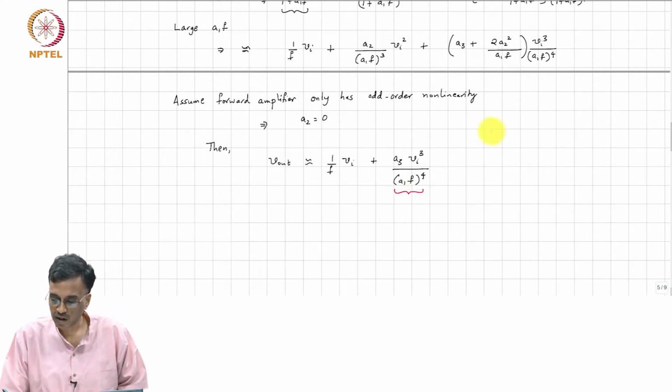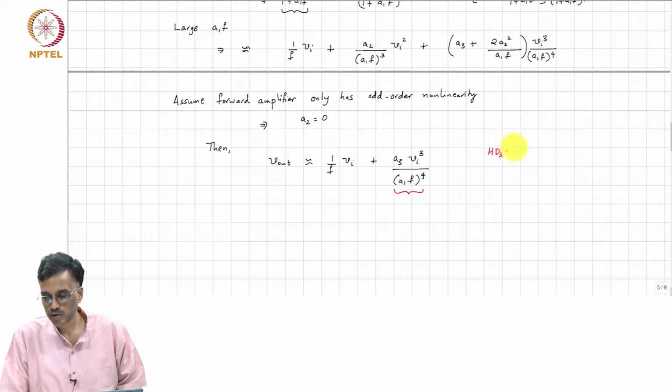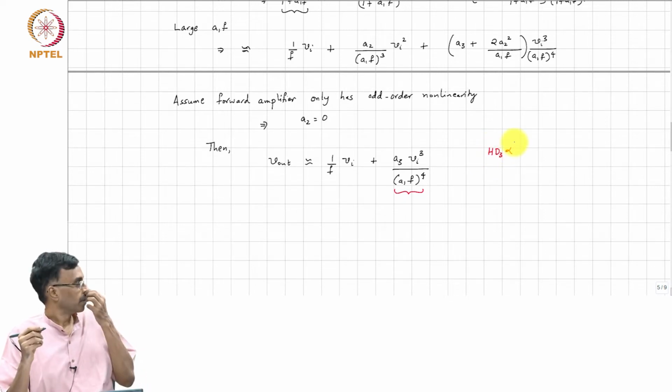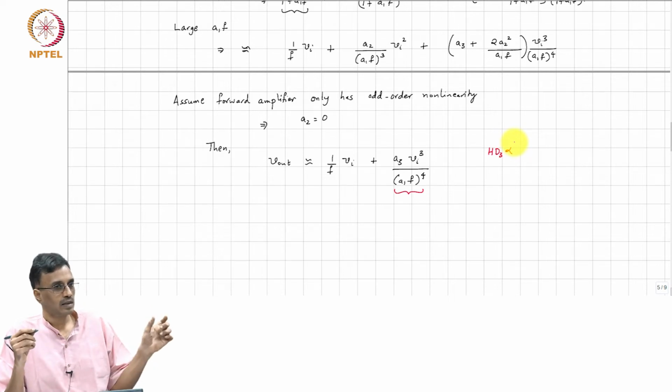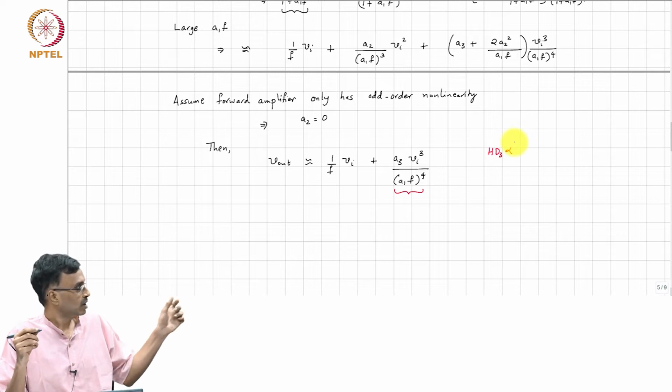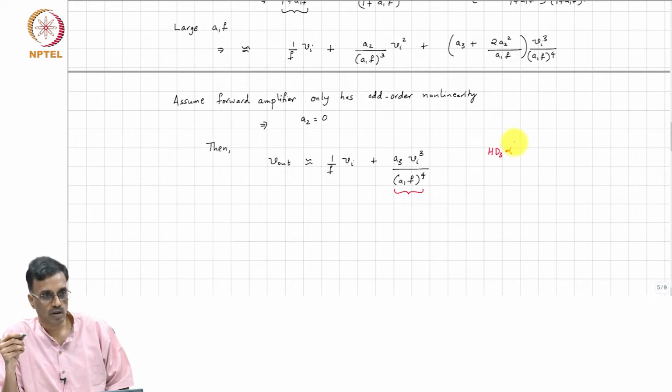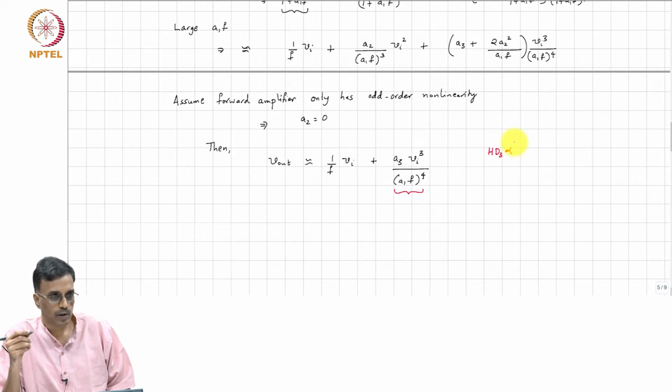remember what the third harmonic distortion, HD3, is proportional to: the coefficient of the third order term to the coefficient of the first order term. It's proportional to amplitude square, right?